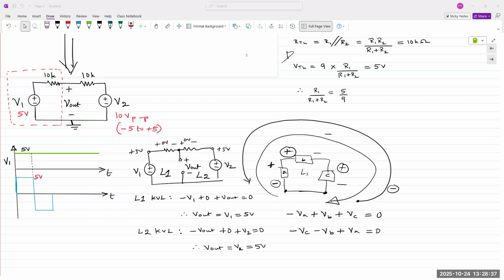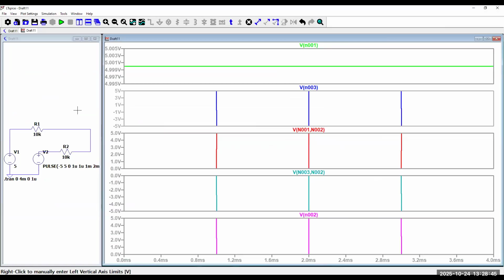But let's go to LTspice, and I want to show you something. Now that you know this, what would you change if you wish to obtain an output that goes from 0 to -5? We wanted to shift our waveform and we wanted to go above, right?